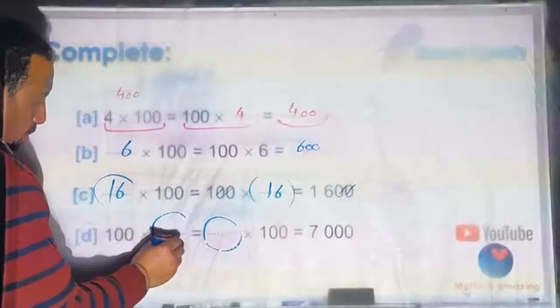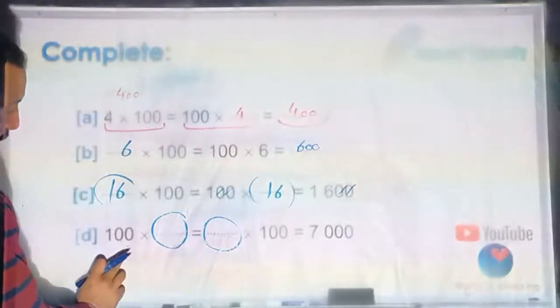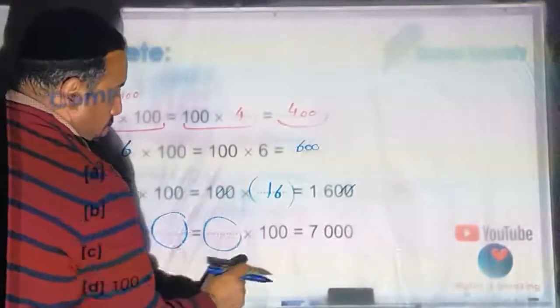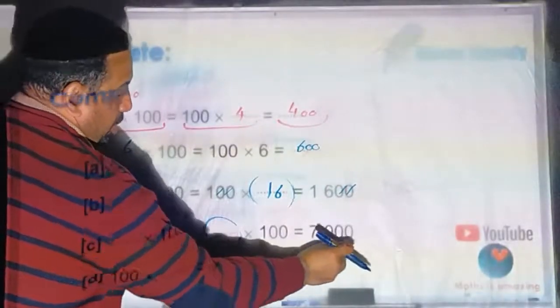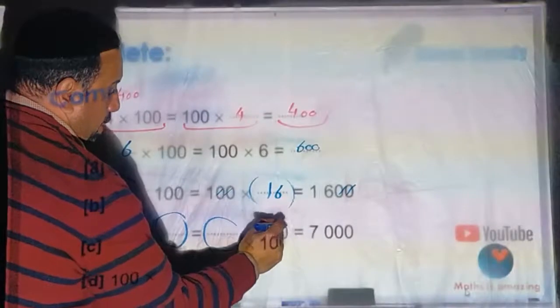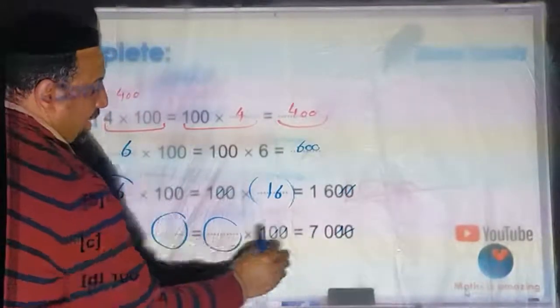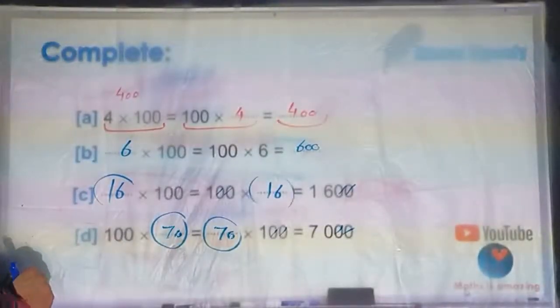Something here must be the same here, because it's commutative: 100 times a number equals the same number times 100, which equals 7,000. Compare now, how many zeros here? 2. How many zeros here? 3. Cancel 2 zeros with 2 zeros only. The remainder here is 70. Okay?